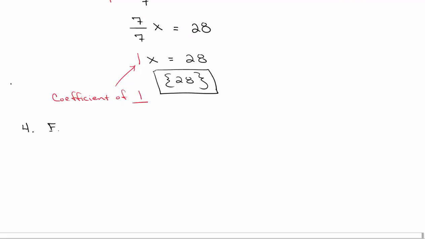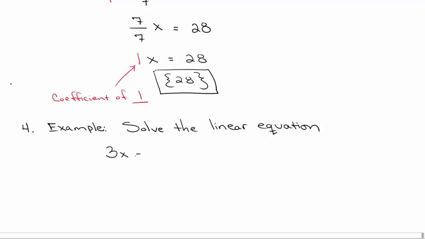All right, let's do another example. Solve the linear equation 3x is equal to 81. So just like we mentioned before with the addition property of equality, that we don't just add to both sides of the equation, but we can also subtract to both sides.